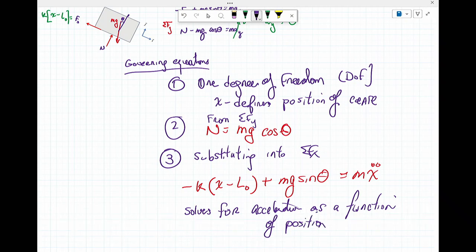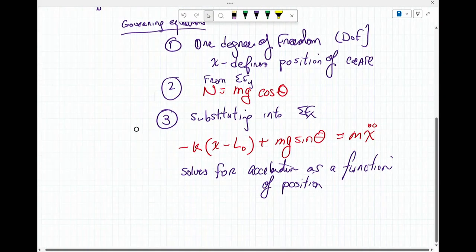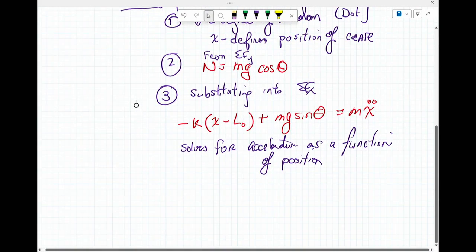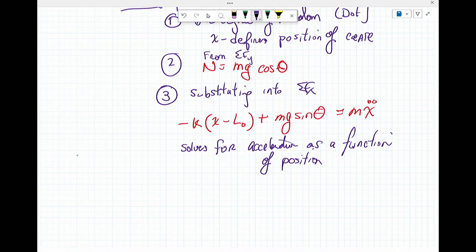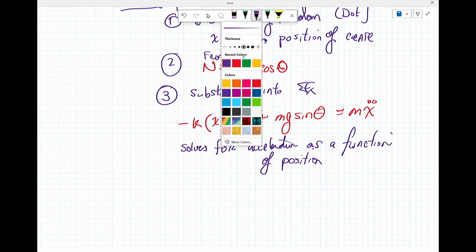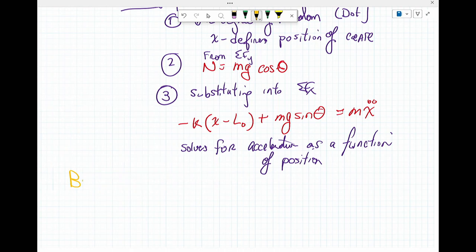So this gives me acceleration as a function of position, not as a function of time. But what we want is velocity.